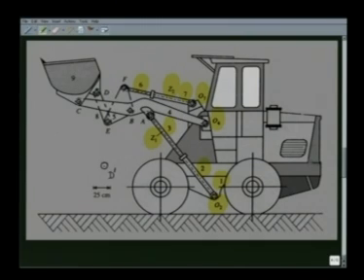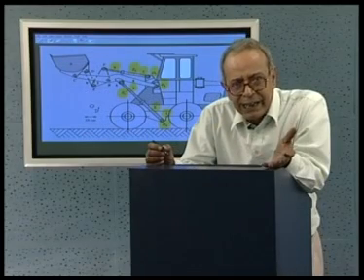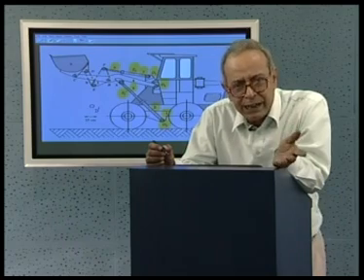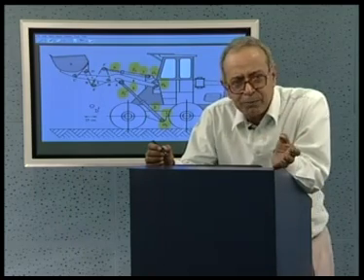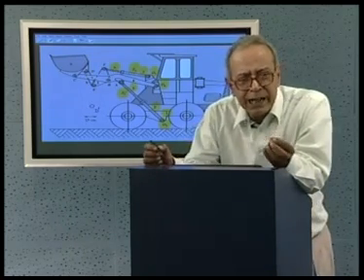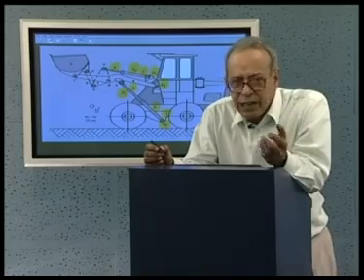Now let us see, this mechanism does not have all binary links as we have considered earlier. All the first 3 examples that we considered had either binary or ternary links.